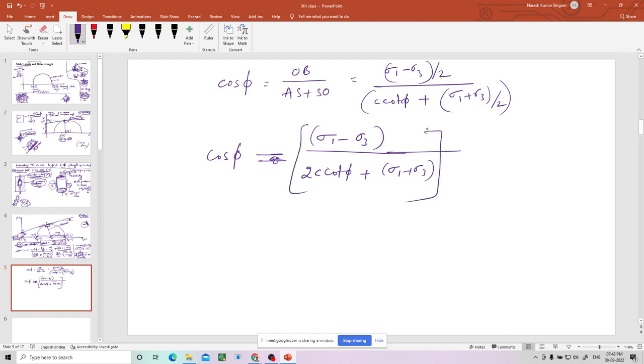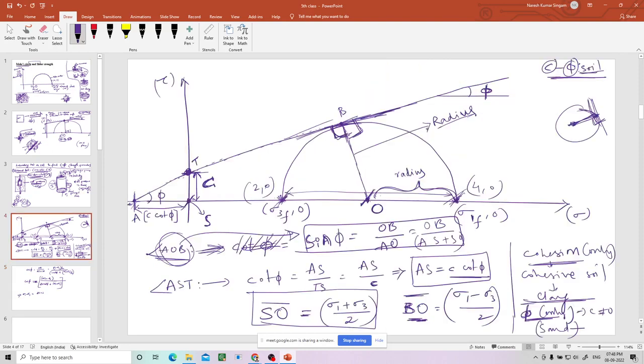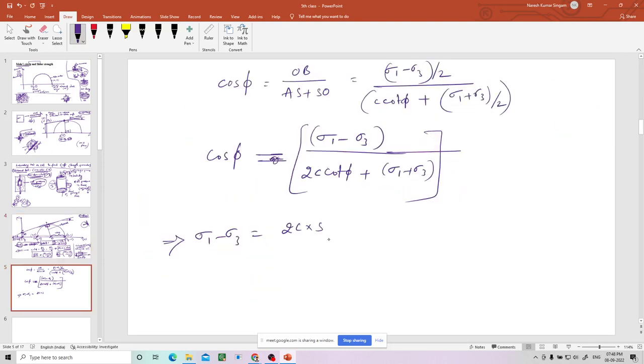Now let us take this to this side and write sigma 1 minus sigma 3 on the LHS, then multiply 2c cot phi into sin phi. Is it cos phi or sin phi? Sorry, sin phi.